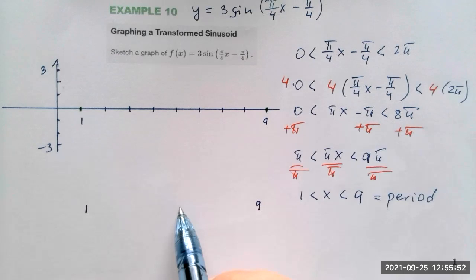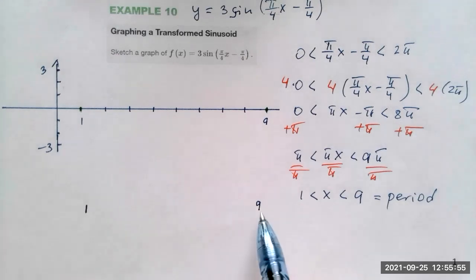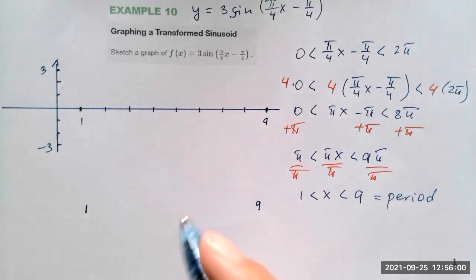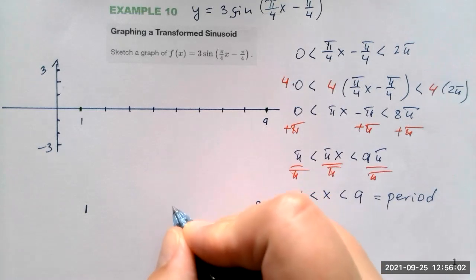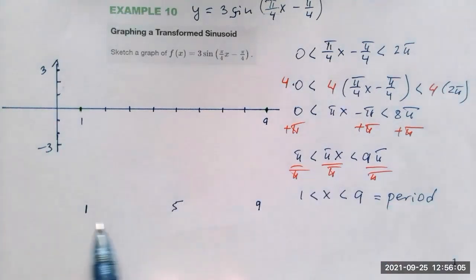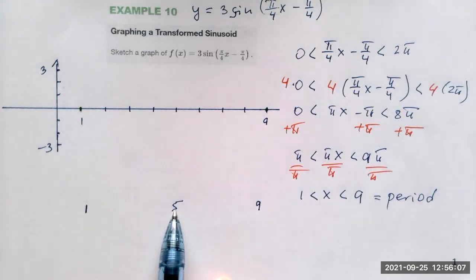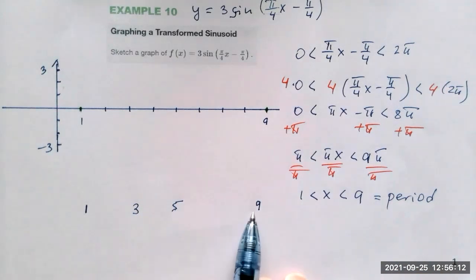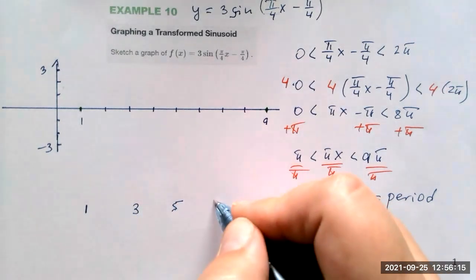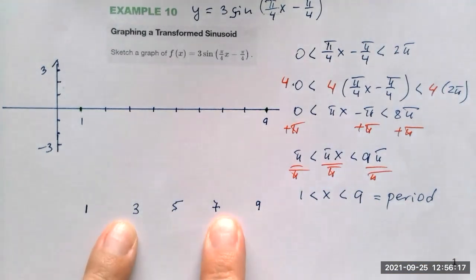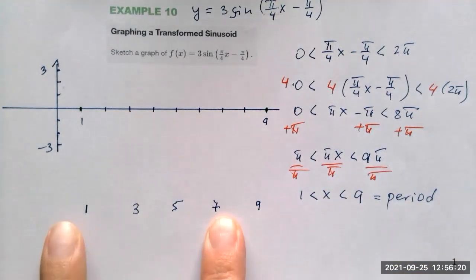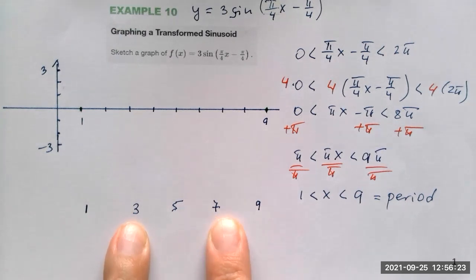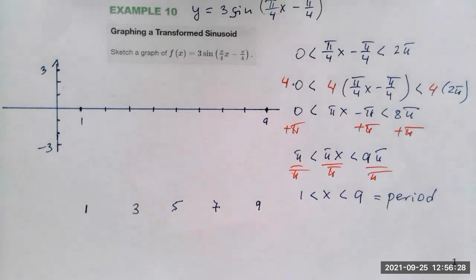In the middle is going to be 1 plus 9 is 10 divided by 2 is going to be 5. 5 is in the middle. So what's between 1 and 5 in the middle? That's 3. And what's between 5 and 9 is going to be 7. Okay, so these are going to be my quarter points, right? So 1 quarter into the period and 1 quarter from the other end.